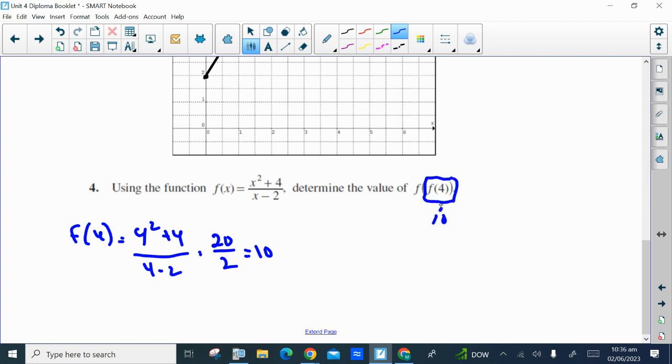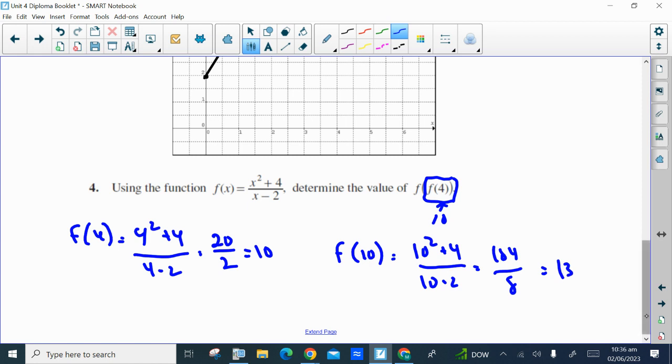That equals 10. So now we have to do f at 10, because there's also an f in front of the f at 4. So now we're going to let x equal 10 in the expression, which will give us 104 over 8, which is 13. So there's that one.